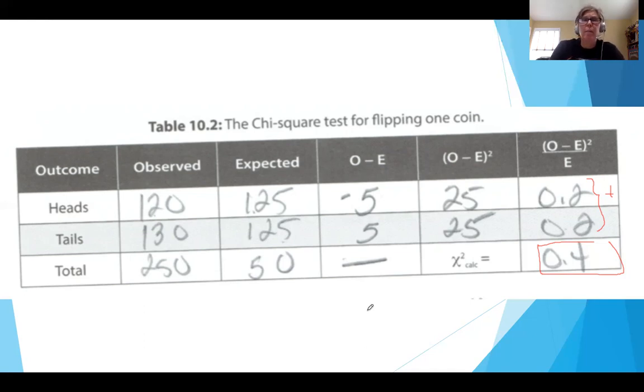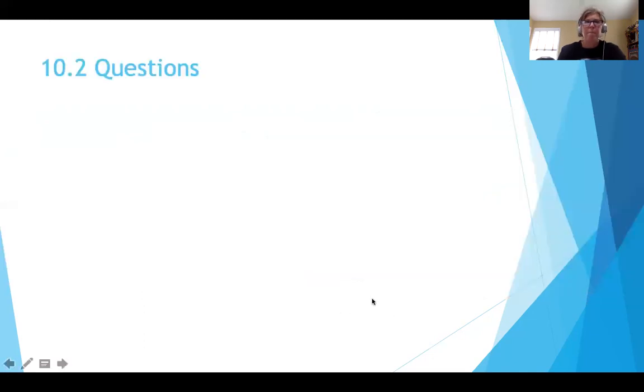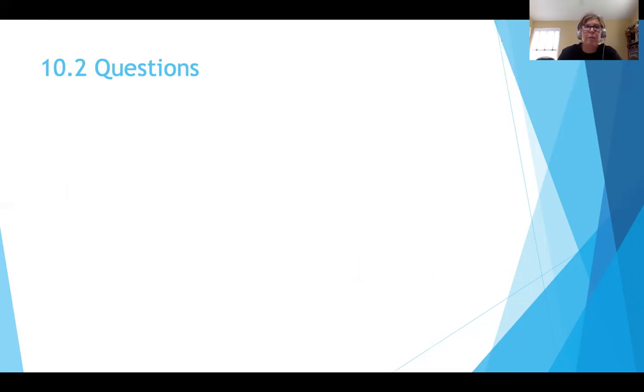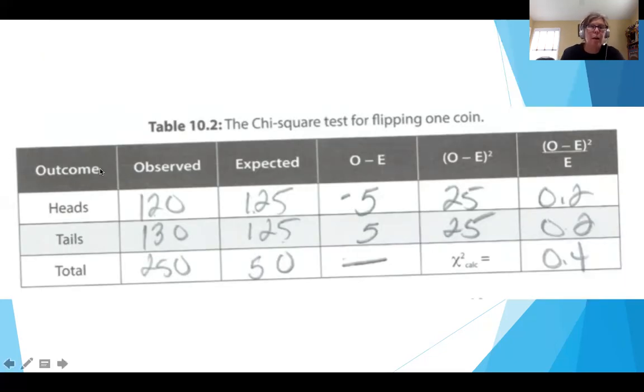And what we look up, when we look this up in our table, we have this thing called, on the side, your degrees of freedom. Okay? So that's your first question there. How many degrees of freedom are there? Well, when we go back to our table, notice here, outcome.